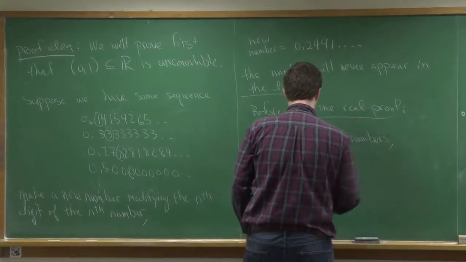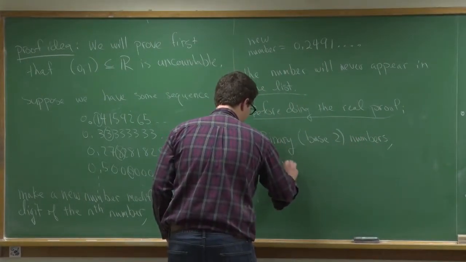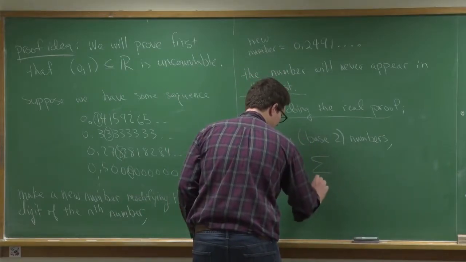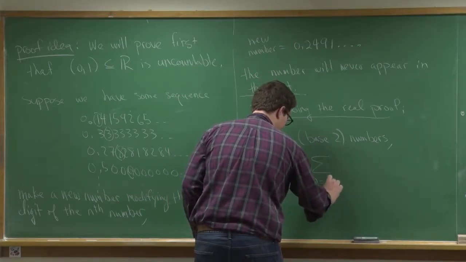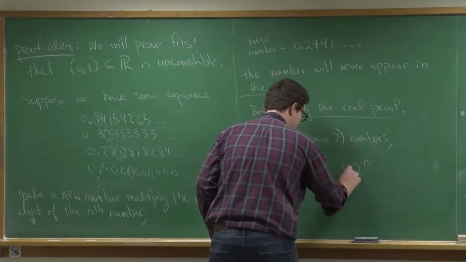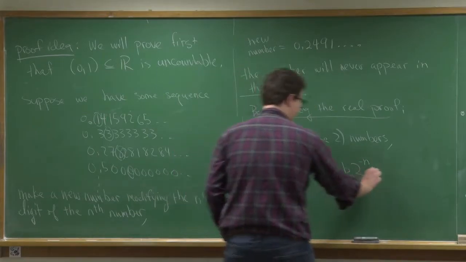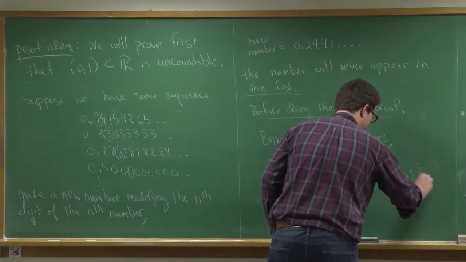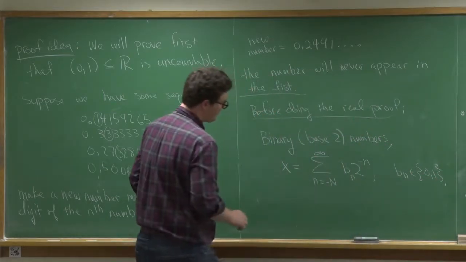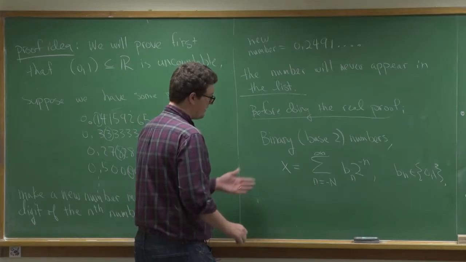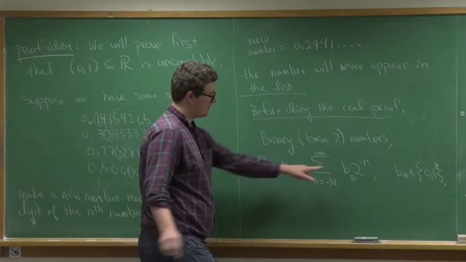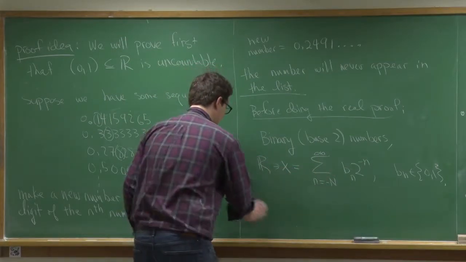We can always write a given element x as a sum from n equal to 1 to infinity of 2 to the minus n times b_n, where each b_n is an element of {0, 1}. So we can write any number in the reals like this in base 2.